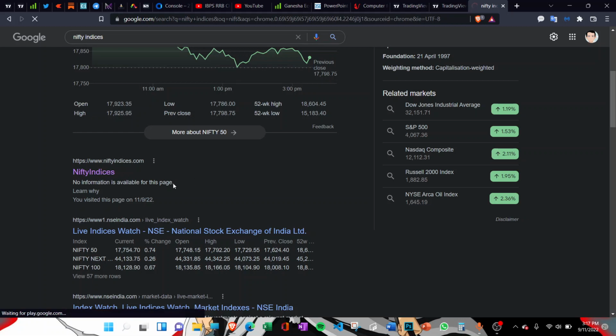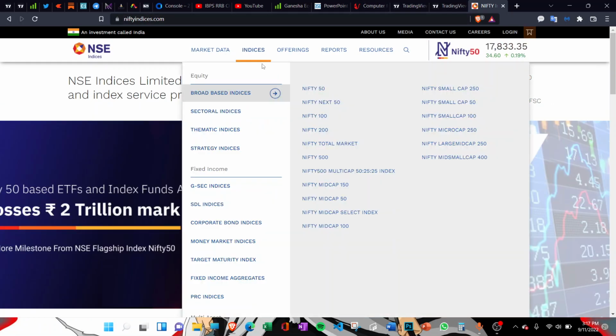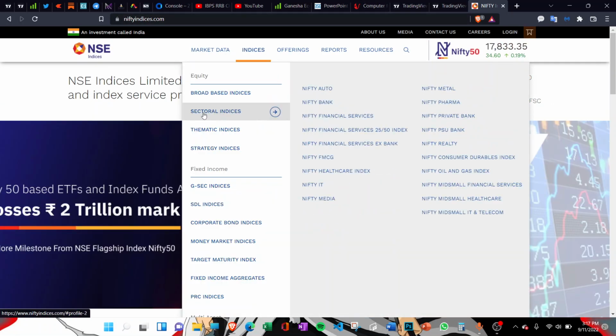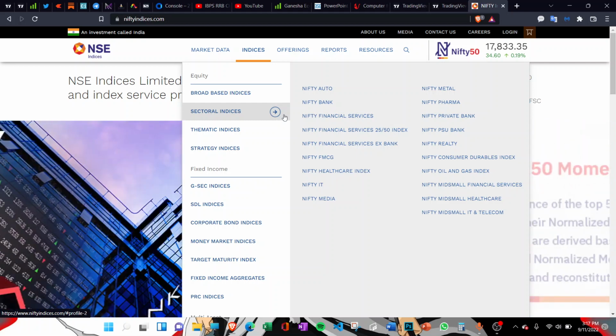First, we'll take a look at the sectoral indices. Go to the indices, and here are the sectoral indices. There are multiple sectors, and indices containing 5, 10, 15 stocks belonging to that sector, like the Nifty Auto, where we have stocks like Maruti, Ashok Leyland, TVS, Hero MotoCorp, Bajaj and all.